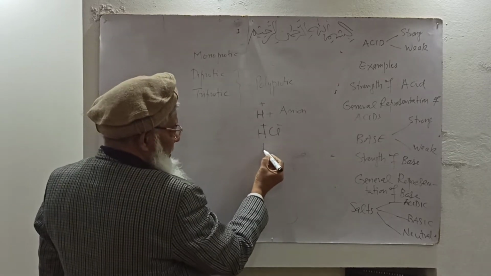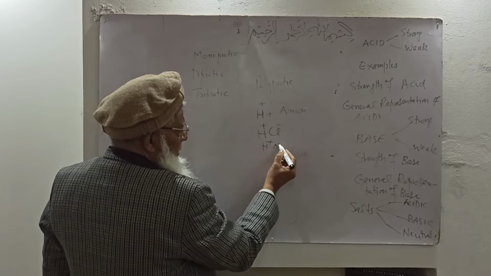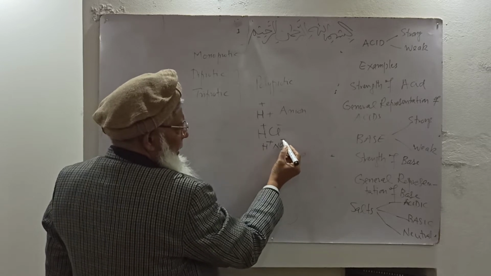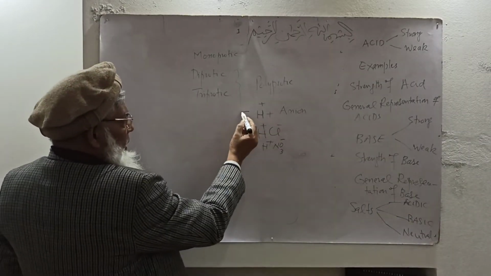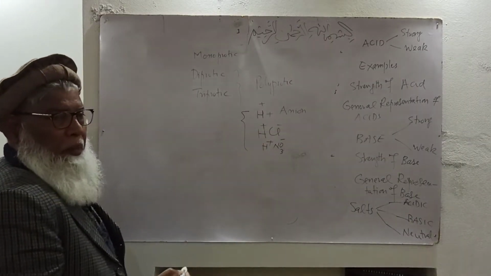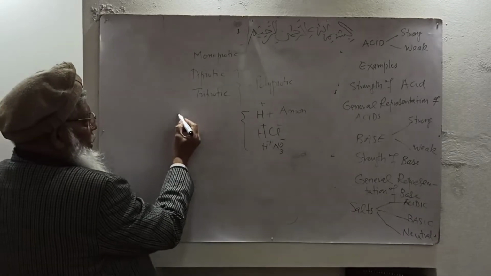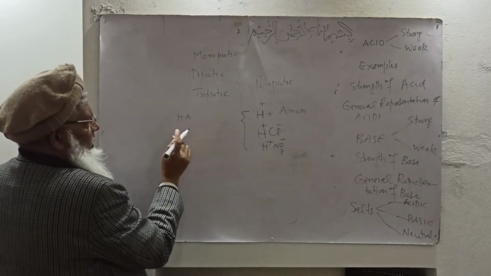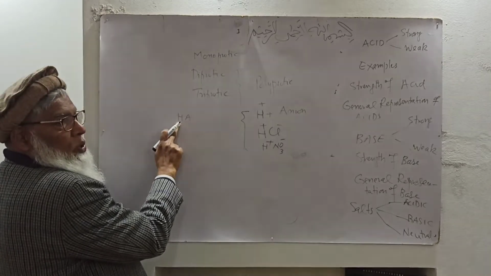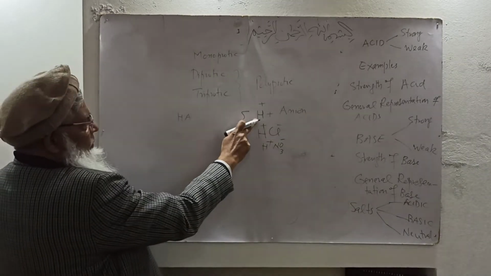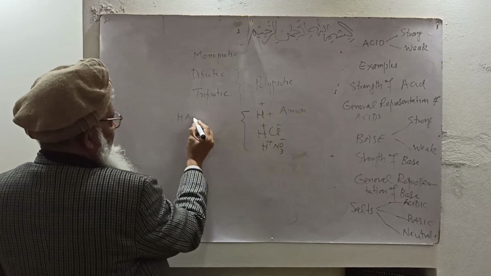In case of nitric acid, H positive and nitrate. So these in short may be written as HA. HA on dissociation gives H positive and an anion.